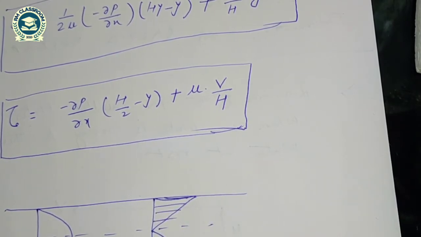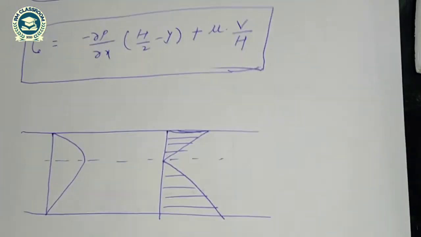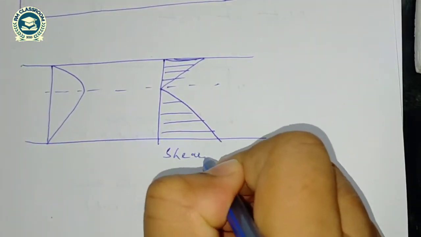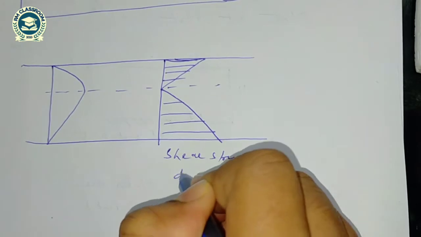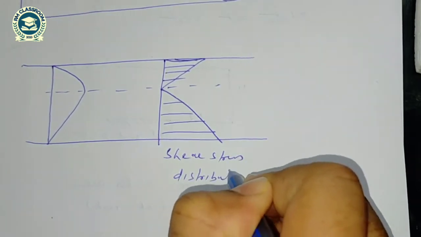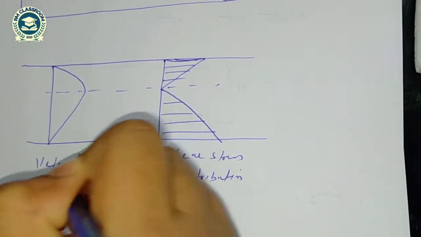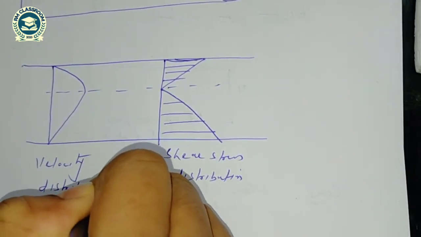So this is our shear stress distribution, and this is the velocity distribution.